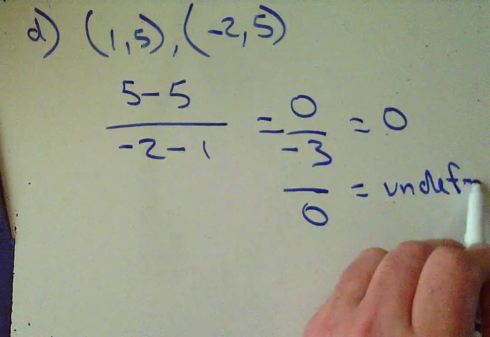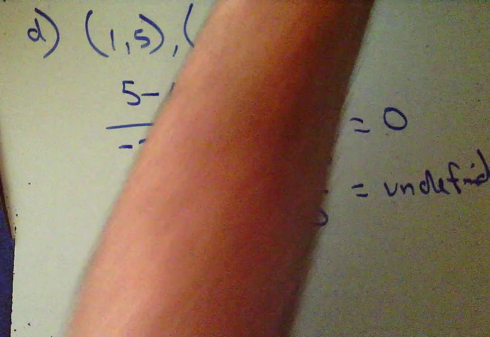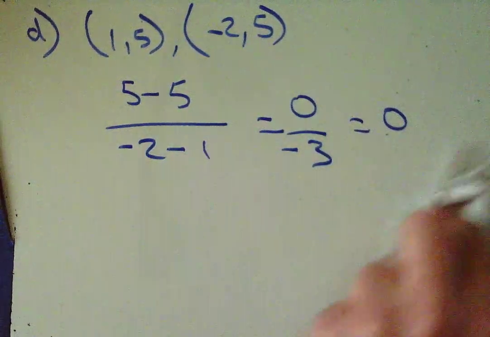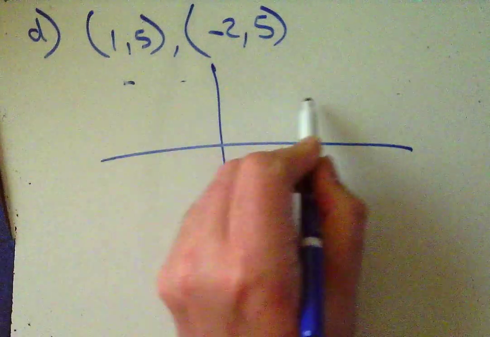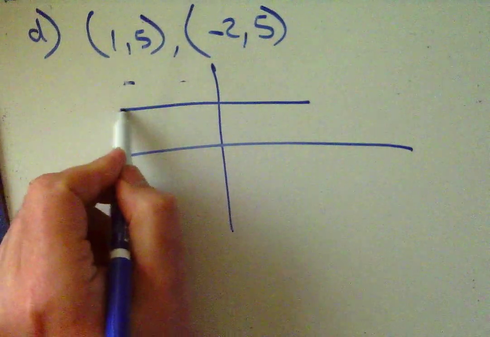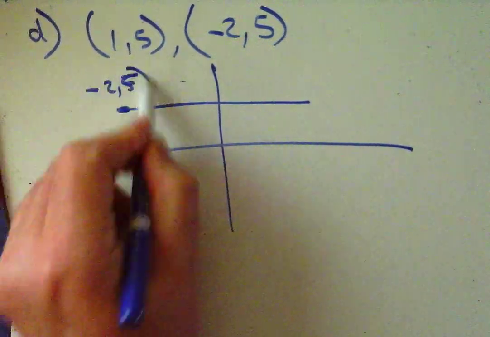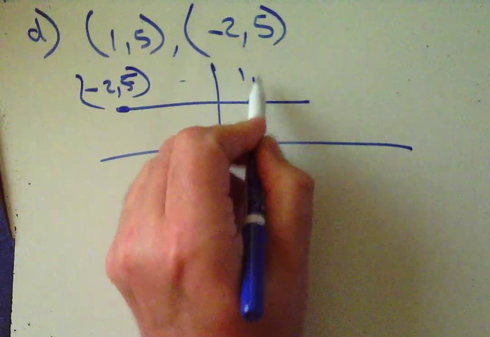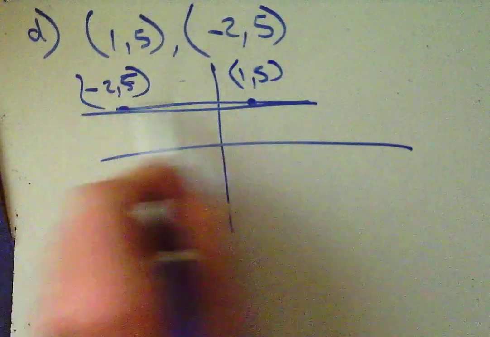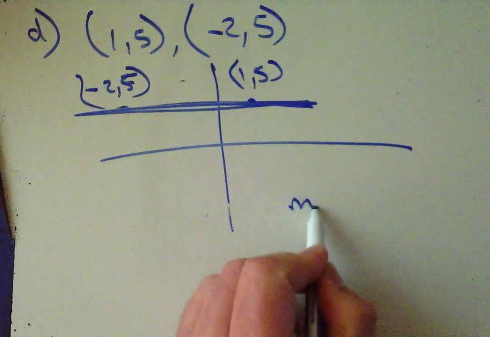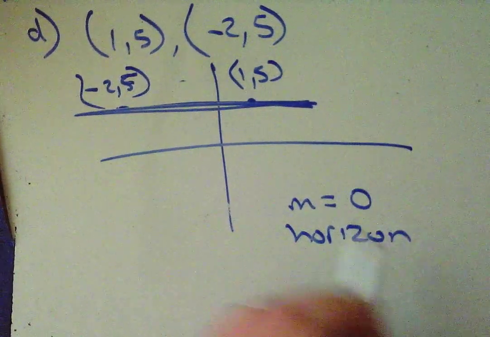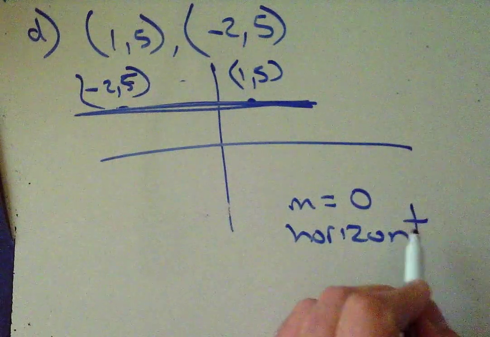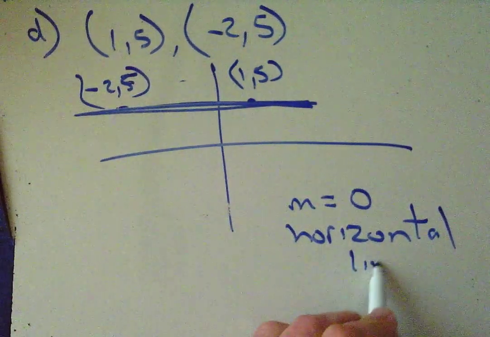And think about what these slopes look like if we think about graphing them. This one, here's (-2, 5). Here's (1, 5). This is a horizontal line, and I have a 0 slope for a horizontal line.